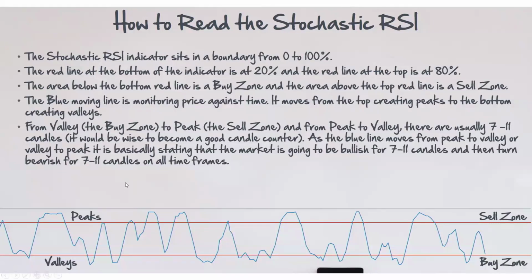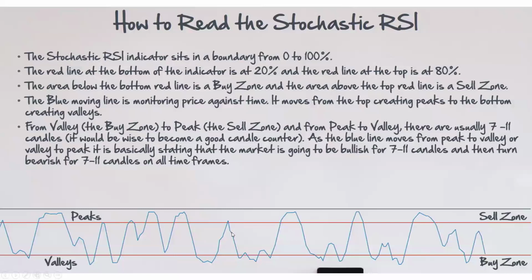Okay, sir. So I want you to understand. As you're looking at this stochastic, something should be in your mind now. And that thing is that the market moves to a high, comes back to low, goes to high, comes back to low, goes to high, comes back to low, right?